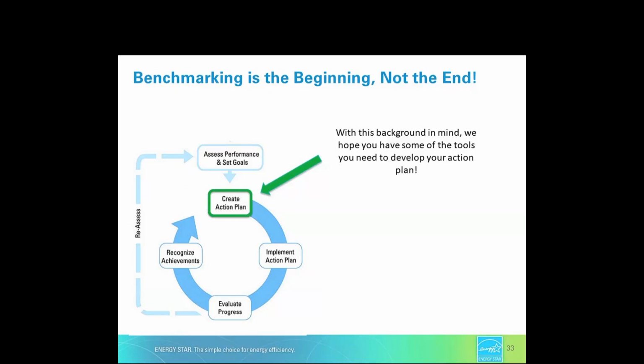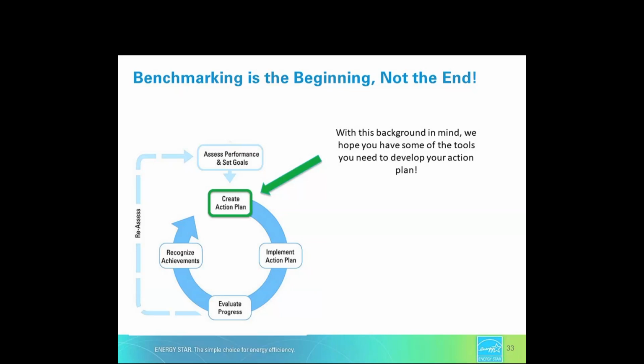The idea is that as you work through your action plan, it is always important to continuously benchmark your building to understand how your building's performance is or isn't improving. Because if you're not seeing the results that you expected, then it's time to troubleshoot and ask what didn't happen. This continuous improvement approach does recognize that there's always more savings to be found.